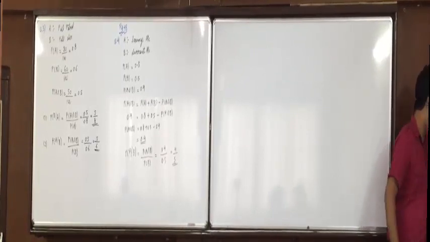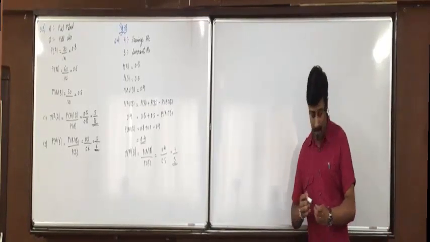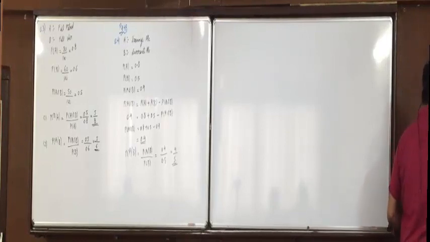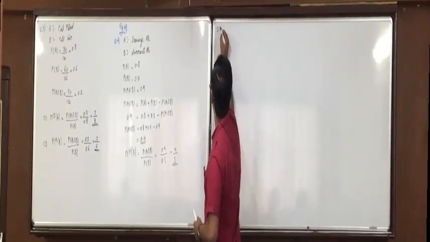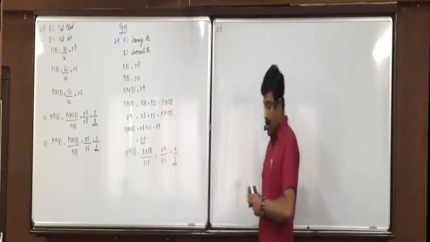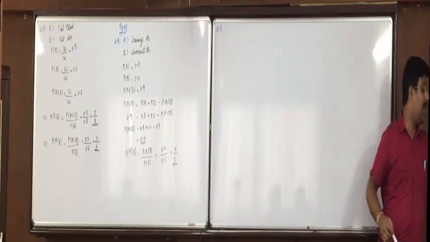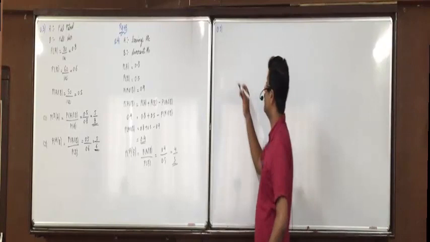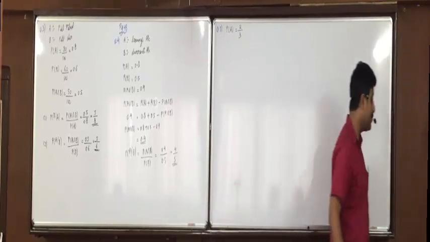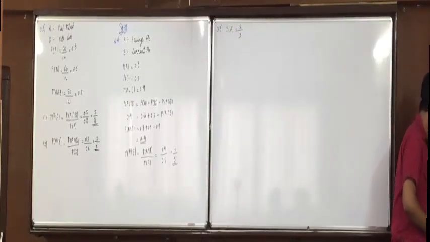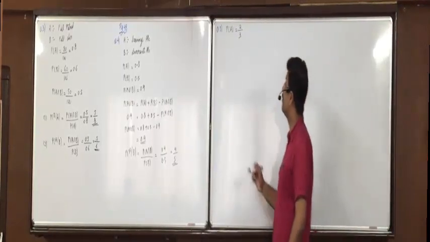If PA equals 2 by 3, the information given first: PA equals 2 by 3. Then PB equals 3 by 5.